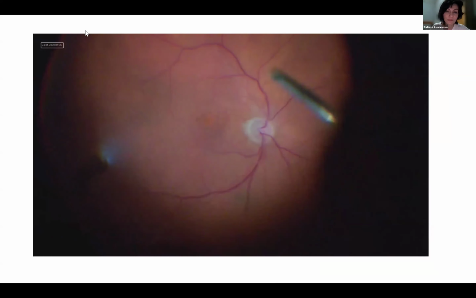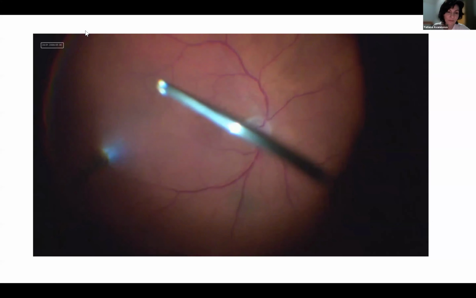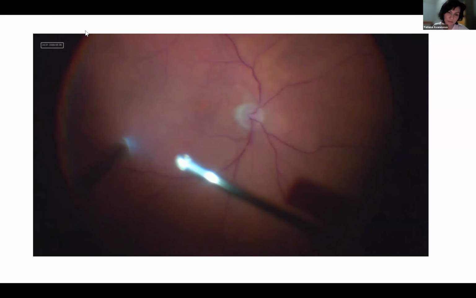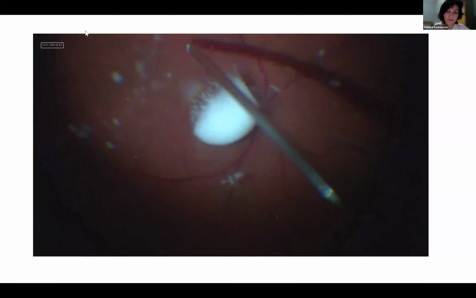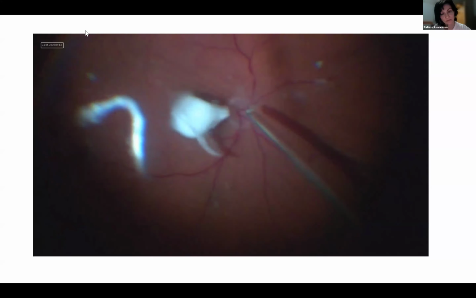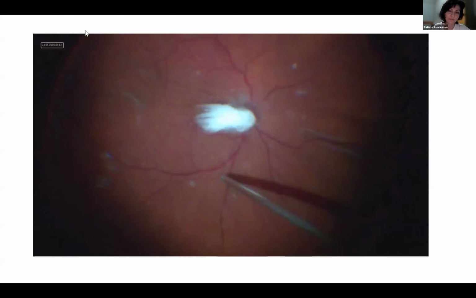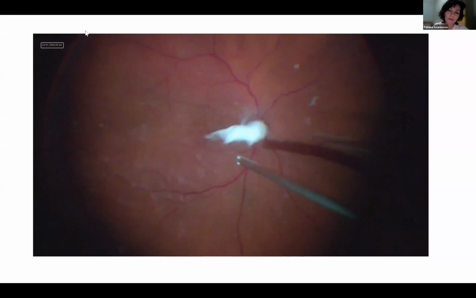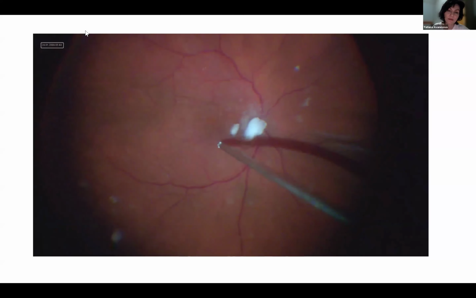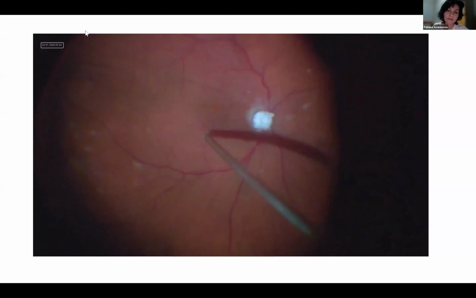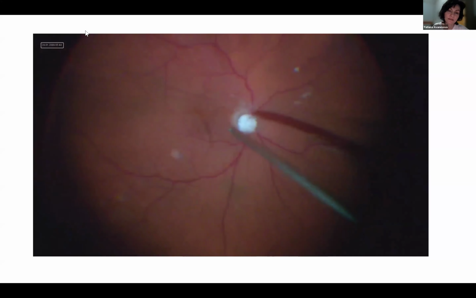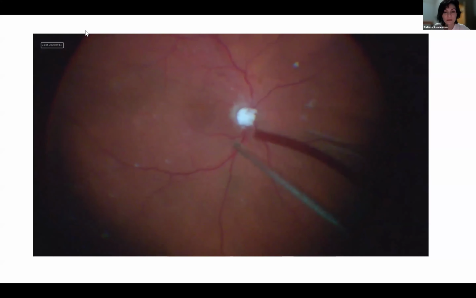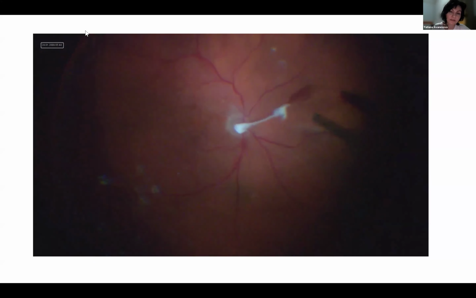After phaco, I started vitrectomy, and co-vitrectomy was performed. After that, I stained a little bit with triamcinolone to make the skirt above the macula visible, made a circle, cut it in a circle, and started to induce PVD.